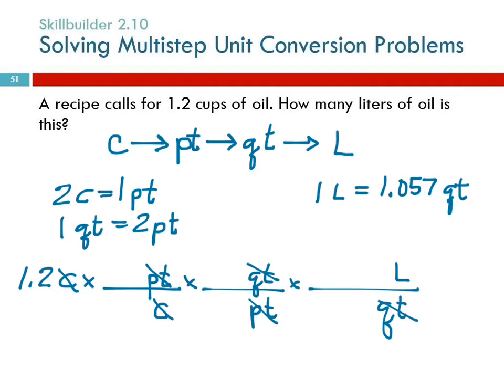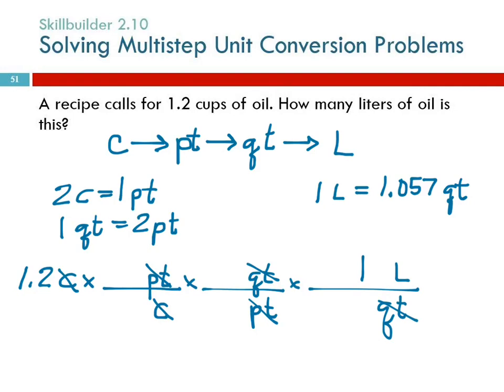Now we can put in numbers. You don't have to do them in order. Sometimes one or the other is easier and one's harder. You could start with easy. Just to be ornery, I'm going to start with the last one. So liters and quarts. This was the relationship that we found. The number 1 is with the unit liter, and so we write the number 1 with the unit liter.